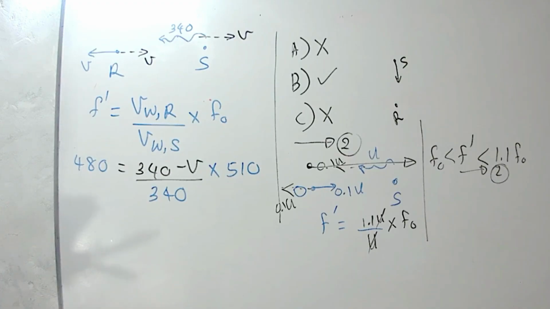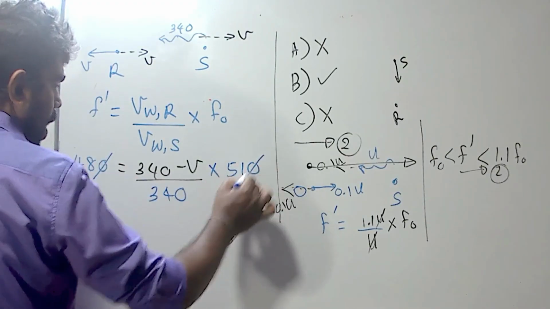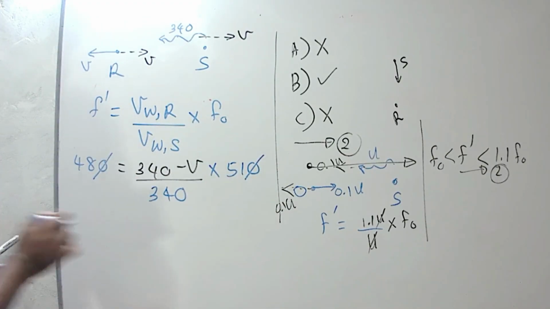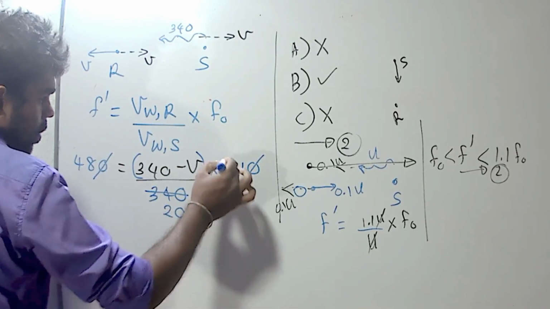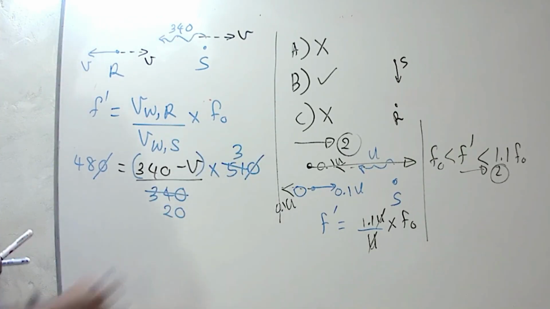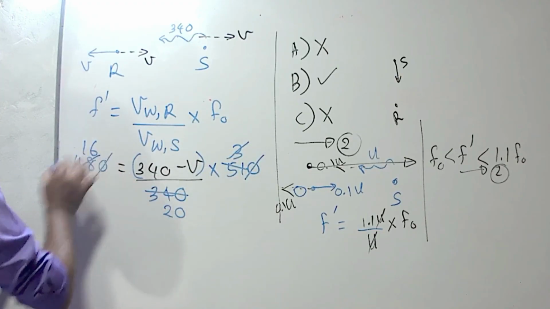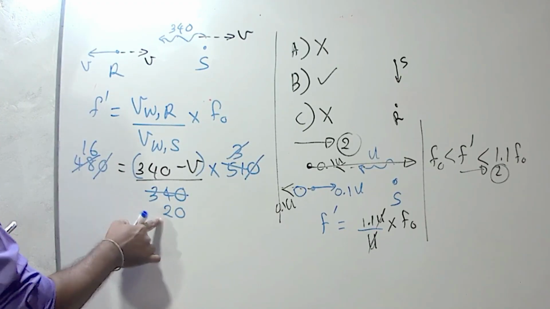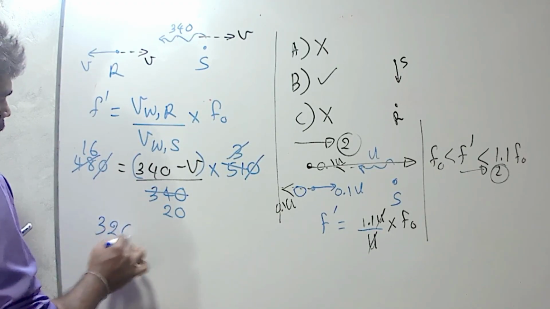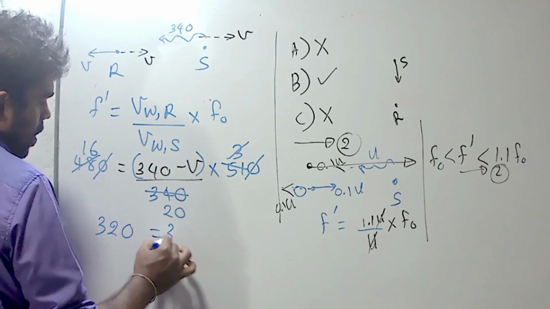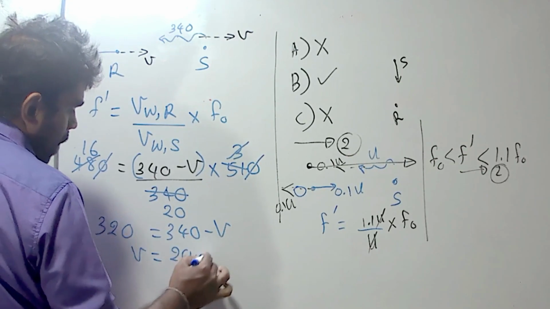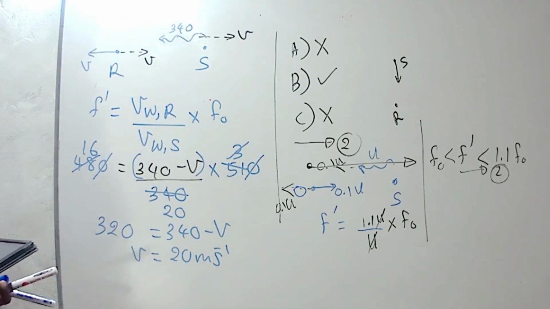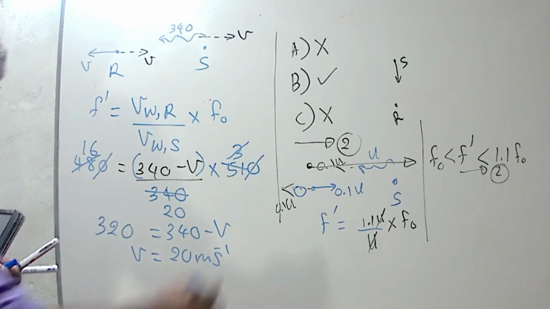Now we have to simplify it. I will cancel out 0 and 0. Divide by 17, 2, 0. Divide by 17, 3. Divide by 3, 16. 16 into 2, 32, 320. Equals 340 minus v. V should be 20 meters per second. Then we can get the third one as the correct answer.